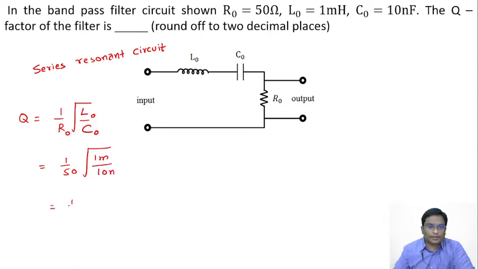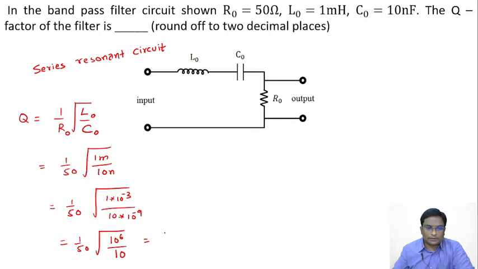That is 1 by 50 square root of 10 power minus 3 divided by 10 power minus 9. The 10 power minus 6 in the denominator goes to the numerator and becomes 10 power 6.